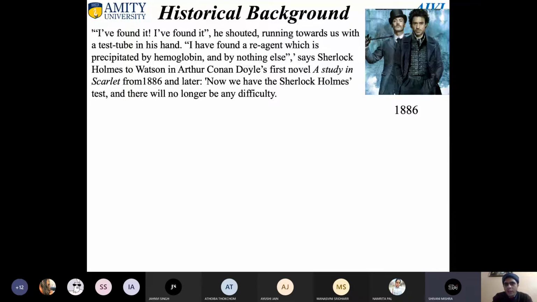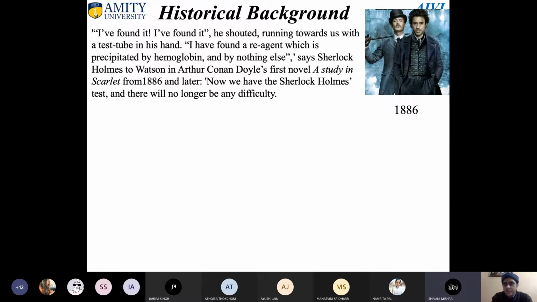"I have found it! I have found it!" he shouted, running toward us with a test tube in his hand. "I have found a reagent which is precipitated by hemoglobin and by nothing else." So says Sherlock Holmes to Watson in Arthur Conan Doyle's first novel, A Study in Scarlet, from 1886.